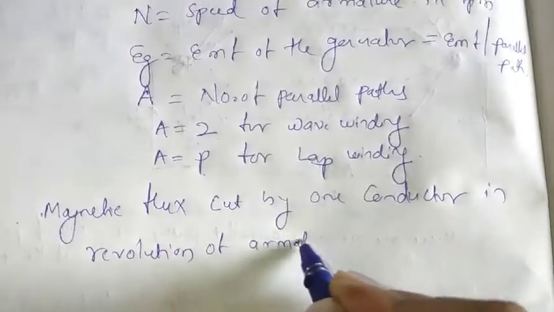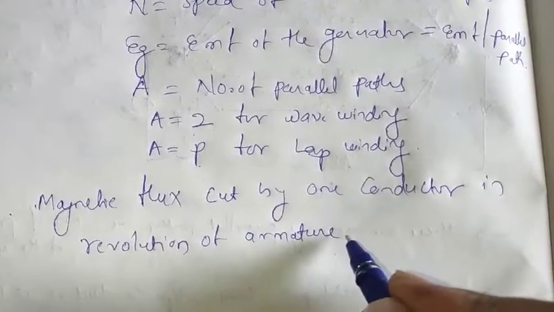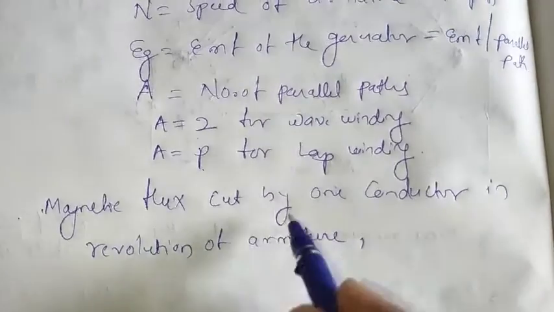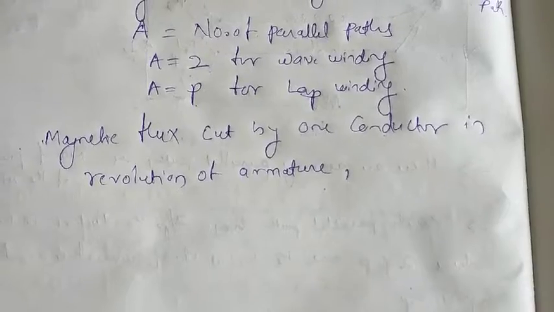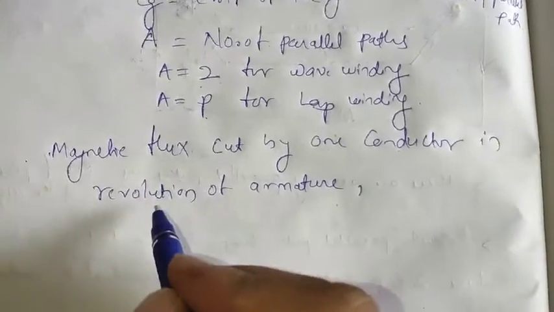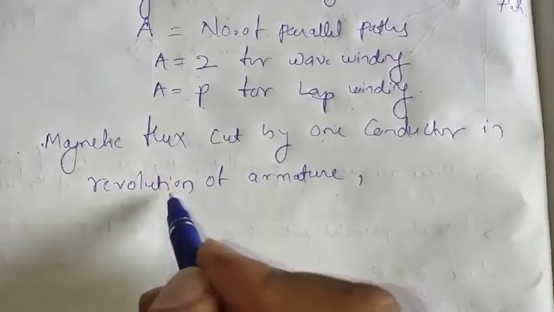When the armature rotates one complete rotation, how much flux is cut by one conductor? That we are doing first.